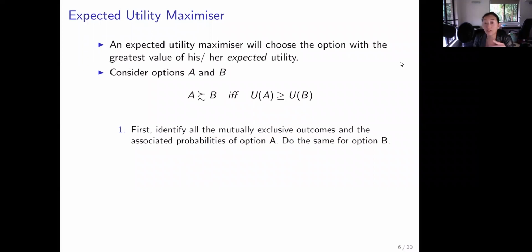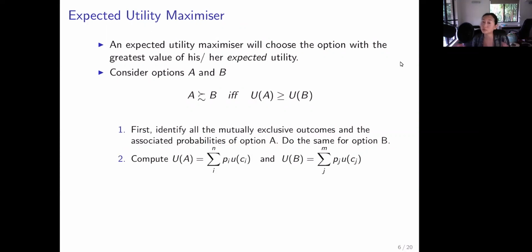Each event will have a certain outcome happening with some probability. It doesn't have to be 2, it could be 3, 4, 5, 6, or 10. Identify all the mutually exclusive events and the associated probabilities of option A. Do the same for option B. Just repeat it. It doesn't have to be the same kind of events, as long as you know the outcome associated with each event and the probability for each event.